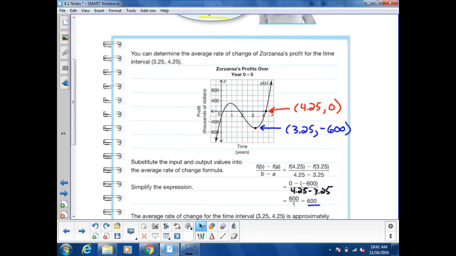If my finger goes down, my function is decreasing. So as I'm going to the right, working left to right, if my finger goes up, my function is increasing.